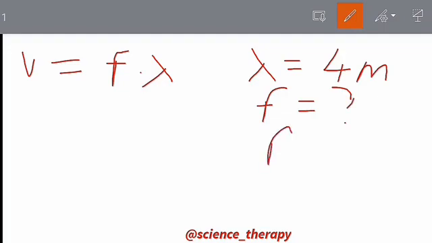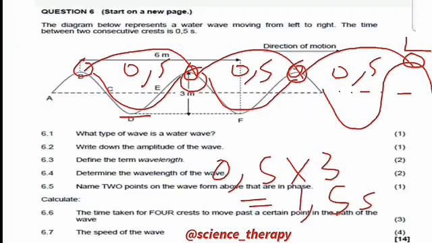But we do know the formula to calculate the frequency. That frequency is equal to 1 over the period. Now what is the period? We said this is the total time taken to complete one full wave or one full cycle. Now remember, they said the time between 2 consecutive crests is 0.5 seconds.